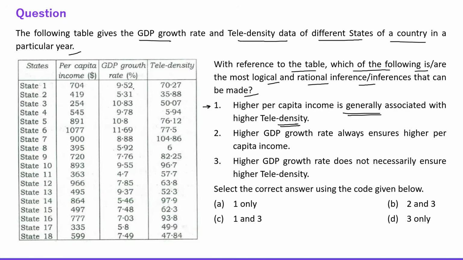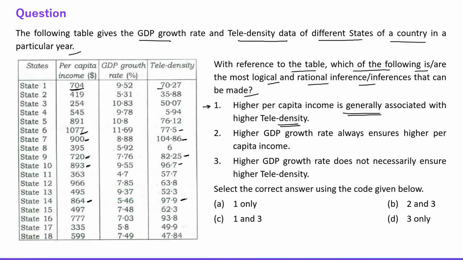Okay. So here higher per capita income is 704. So this is higher. Here higher per capita income is 1077. This is higher. Here higher per capita income is 900. So this is also higher. And here higher per capita income is 720. So this is also higher. This is 893. This is also higher. And this is 864.